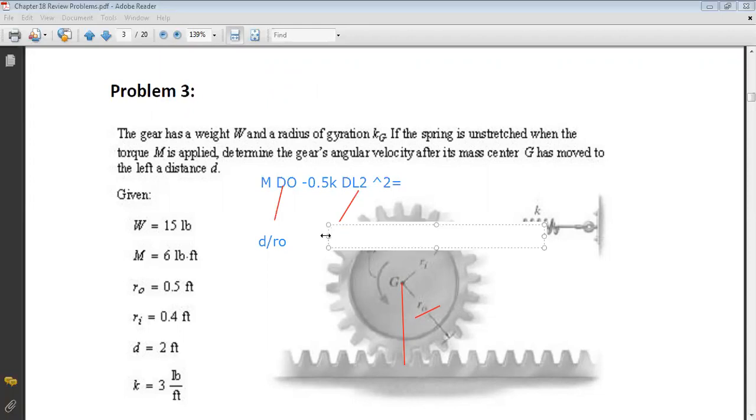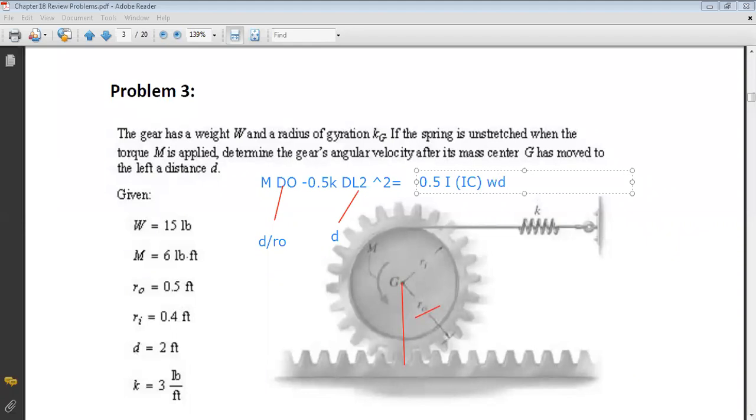Now, sum of work is equal to the final kinetic energy of the disk. For the disk, I can write the kinetic energy in two ways. Either I write half times the inertia about IC times omega disk squared. If I know where the IC is, it's easier to use this one.